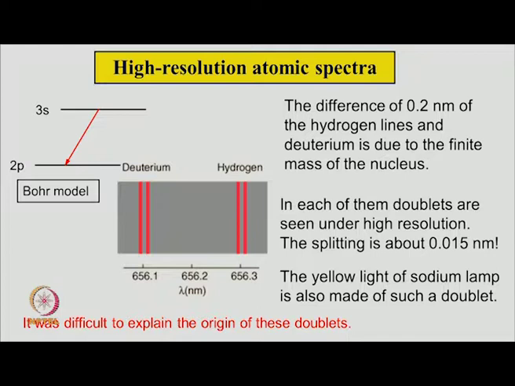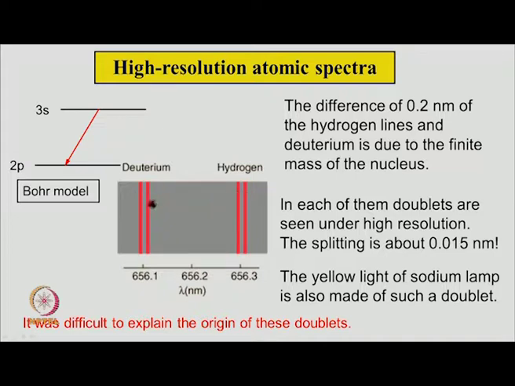Also, many spectral lines were found to come in pairs when they are seen in high resolution. Here is an example of the hydrogen atom spectrum and deuterium. Each of them shows this pair of lines together.